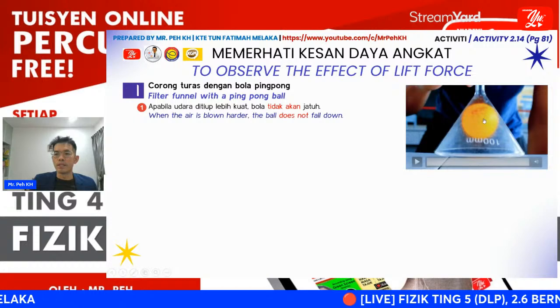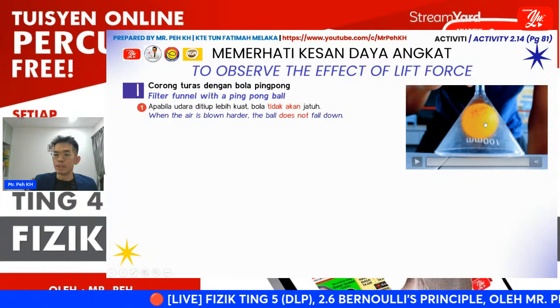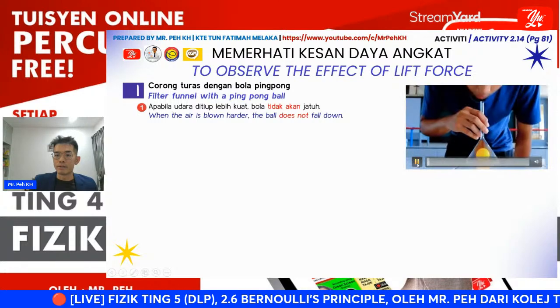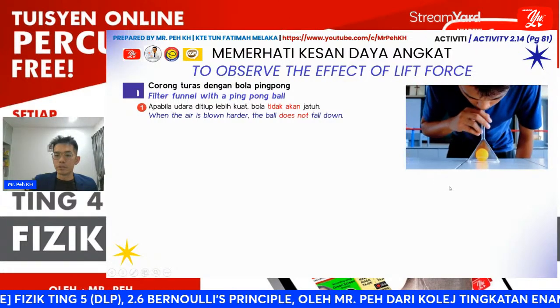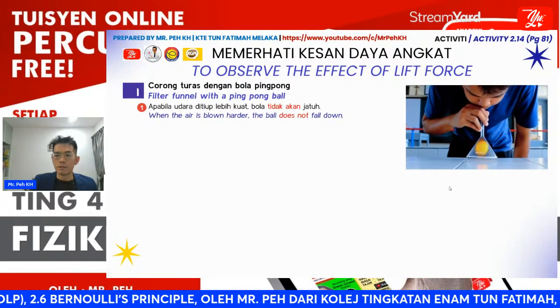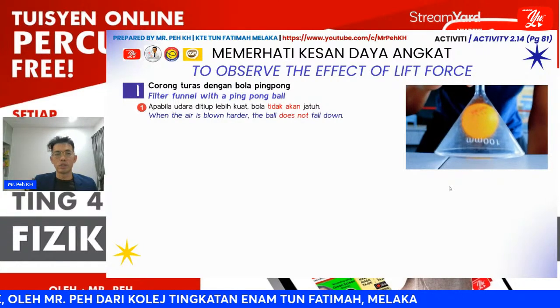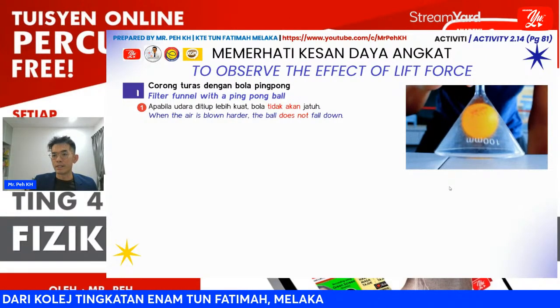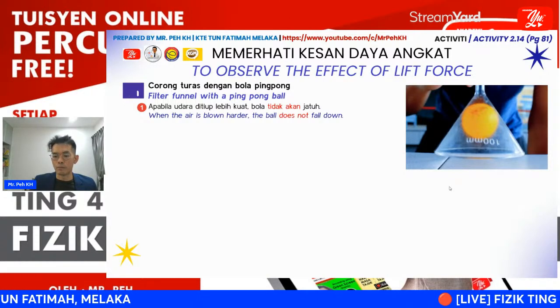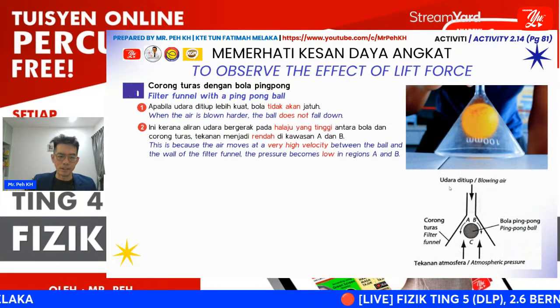And then you can see, suppose the ping pong ball would drop due to gravity. Okay, but you can see it does not. Okay, so this is due to Bernoulli's principle. Because changes of speed create a difference in pressure, the lift force will be formed. Okay, so here will be the discussion.